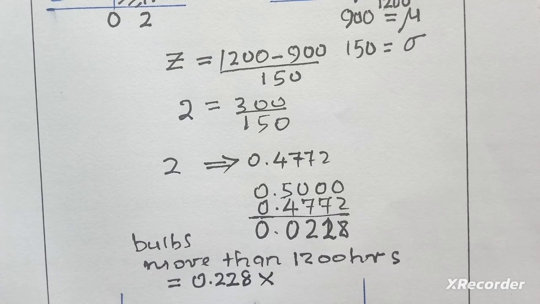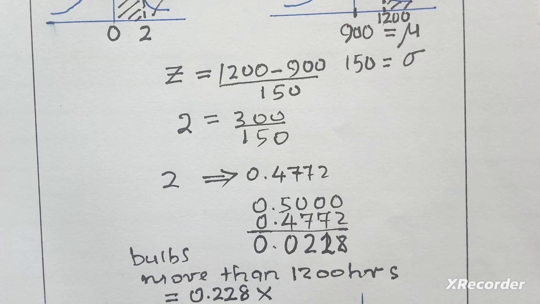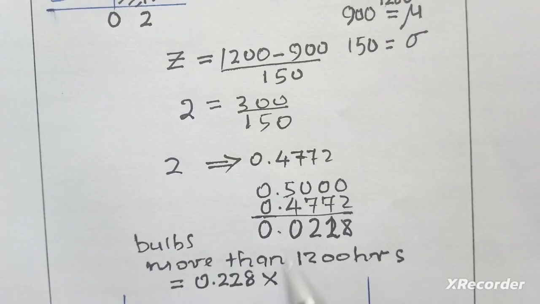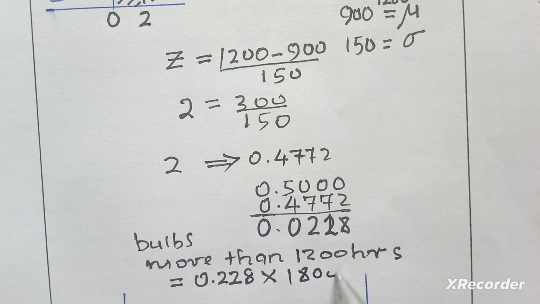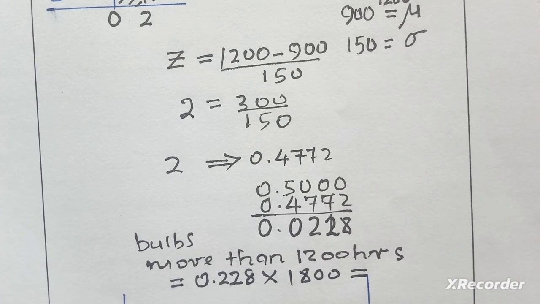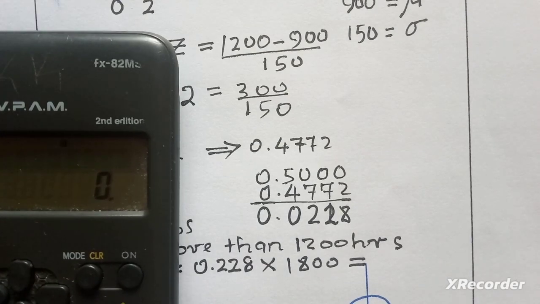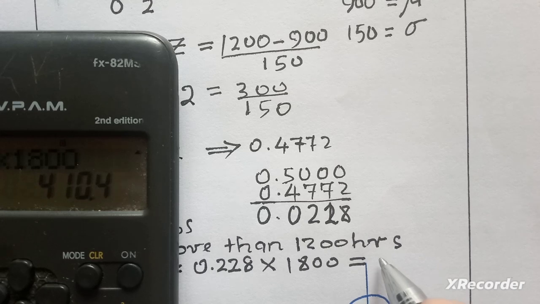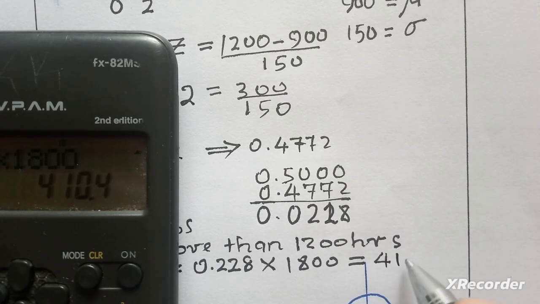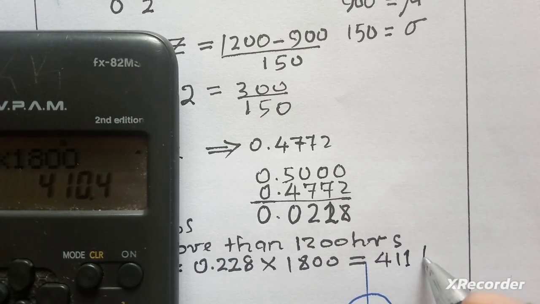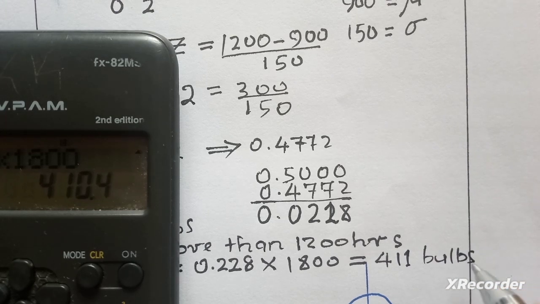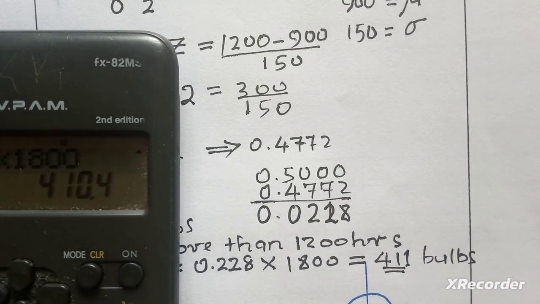You multiply by the number of bulbs, and the number of bulbs is actually 1800. So multiply that by use of calculator, we shall have 0.228 multiplied by 1800. So that gives us 410.4, meaning it is 411 light bulbs, like that. So we have 411.